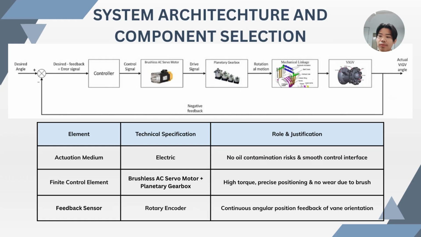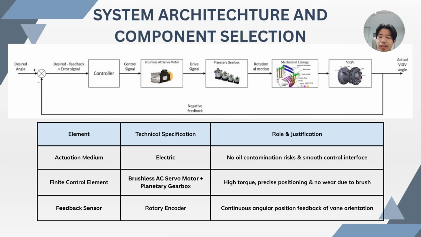Now moving down to our component selection and technical justifications. First, our actuation medium is the electric system. Unlike hydraulic options, electric actuation completely eliminates oil contamination risks and integrates seamlessly with our PLC control interface. Second, for our final control element, we chose a brushless AC servo motor combined with a planetary gearbox.